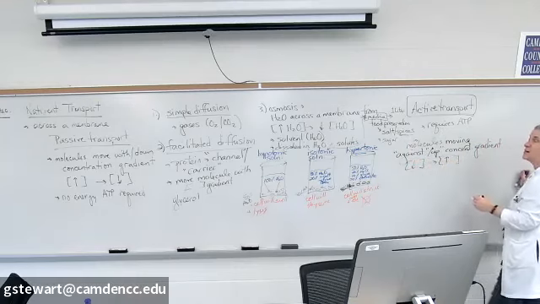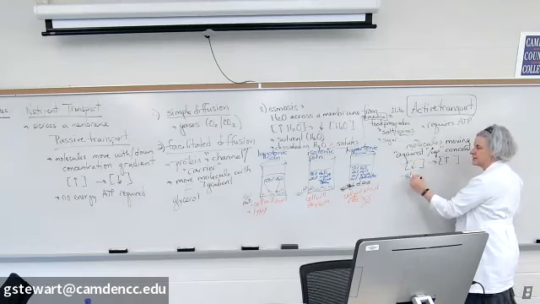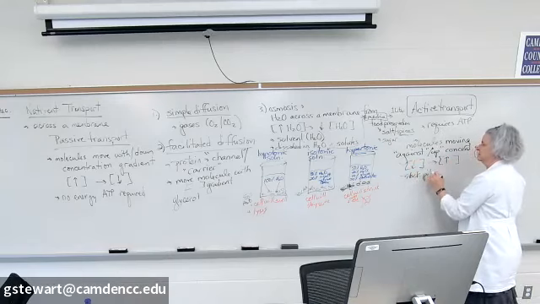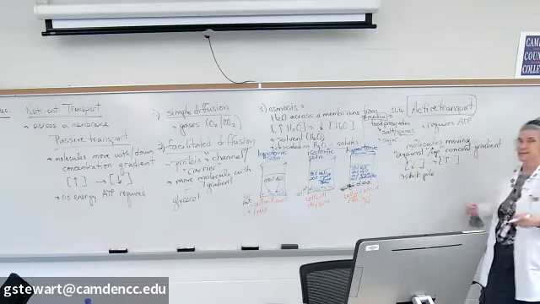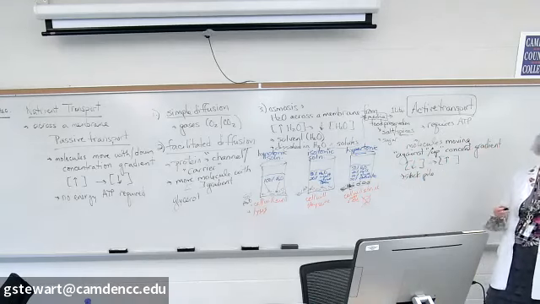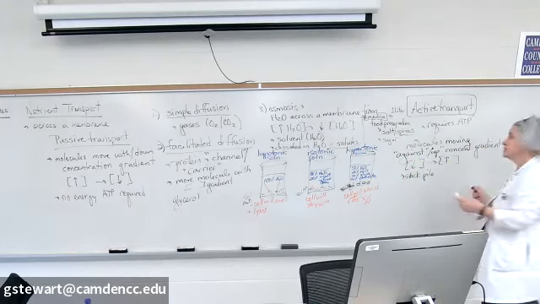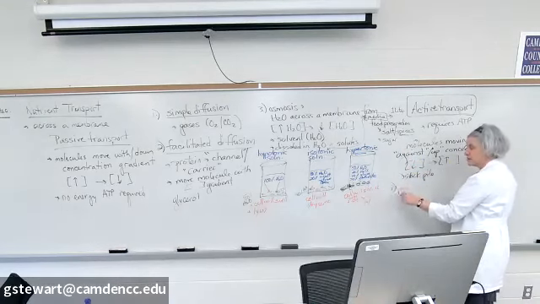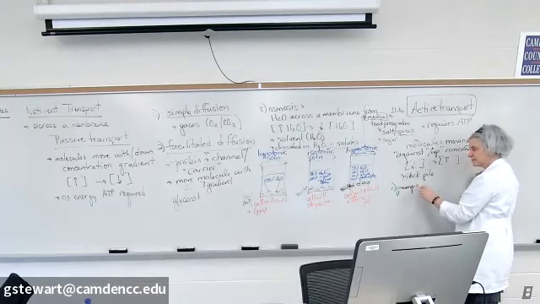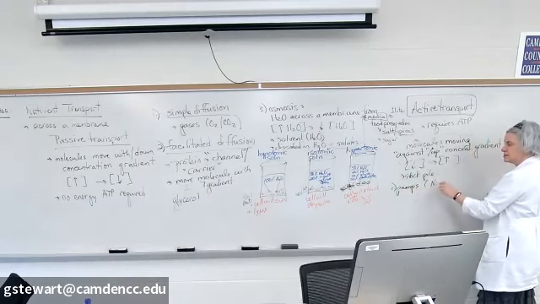So you can think about active transport like stockpiling, right? We already have some of this, but we just keep bringing more in. Examples of active transport, usually we think about pumps, like our friend, the sodium potassium pump.